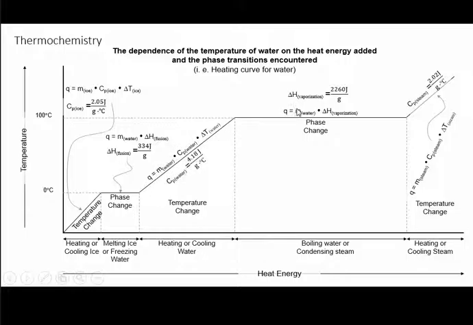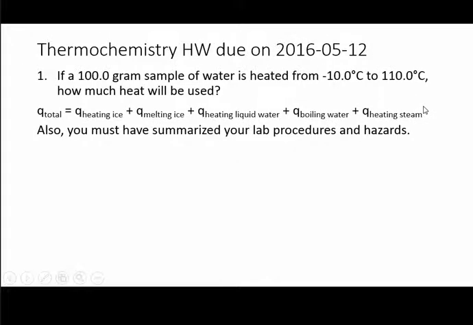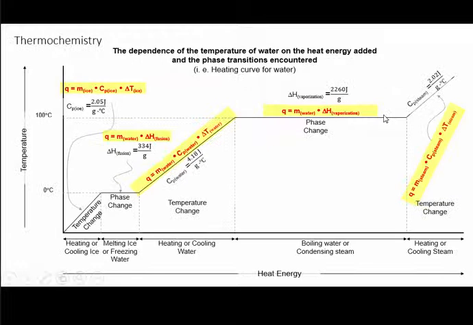I've got to calculate the Q for boiling the water, and I've got to calculate whatever Q there is for heating up the steam beyond 100 degrees C, and then you add all of those together. Okay? So if we had a question like this, we'll be adding heating ice, melting ice, heating the liquid water, boiling the water, and heating steam. And those are the equations we'll be using, adding them all together.